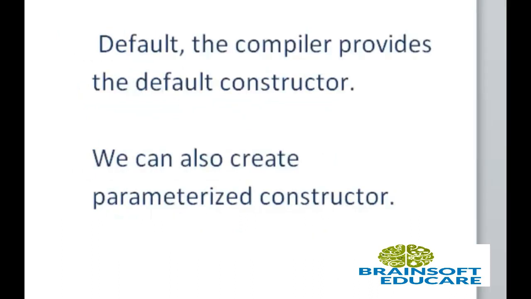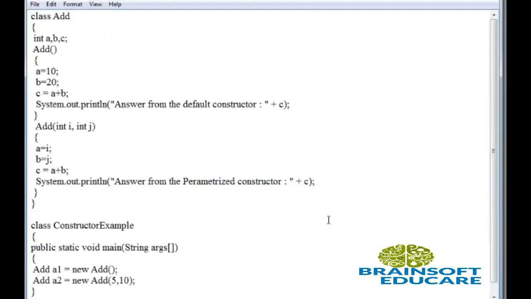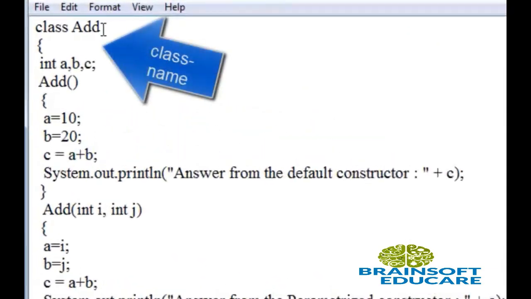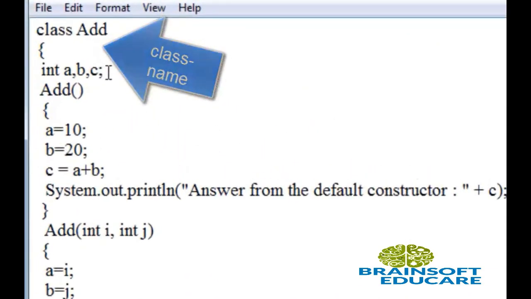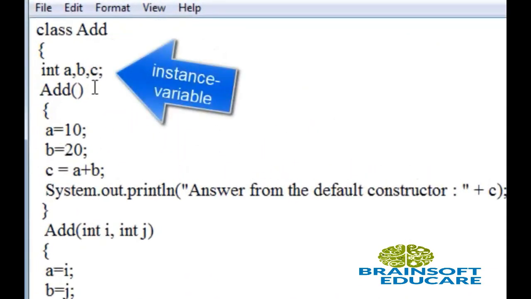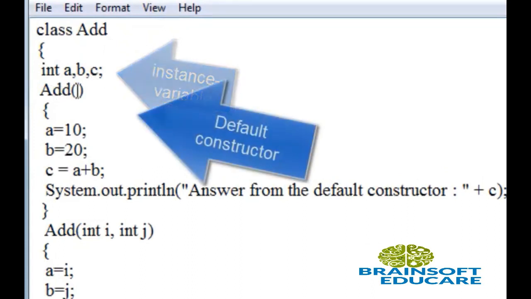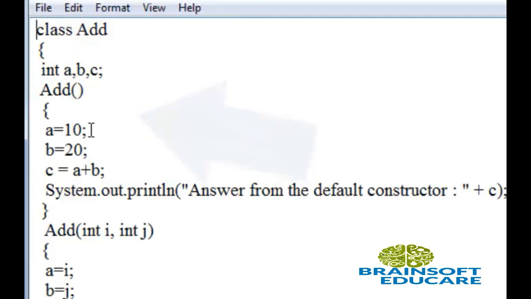Look at the example of a constructor. Here the class name is Add. These are the instance variables a, b, c. Add, which is the default constructor, assigns values to the instance variables. Value 10 is assigned to variable a, 20 is assigned to variable b, and the result is stored in variable c.